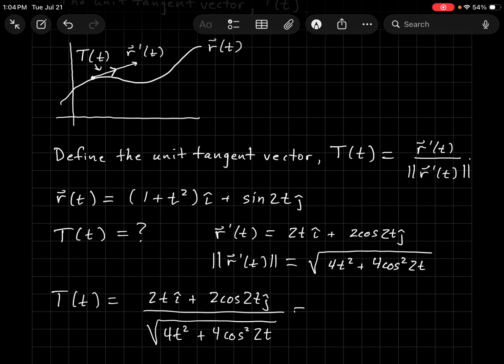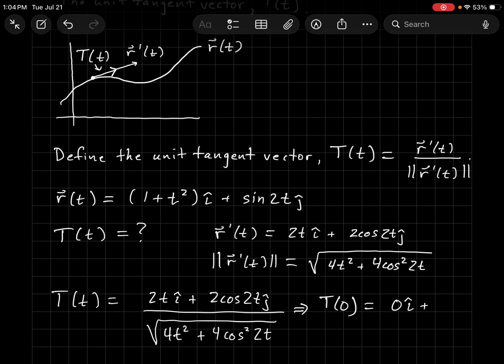So for example, we could find the unit tangent vector at a specific time, or t, doesn't have to be time, but let's say t of 0. We can plug in, and we would get 0i, I'll put the 0 there so we can see it, plus 2 cosine of 0 j.